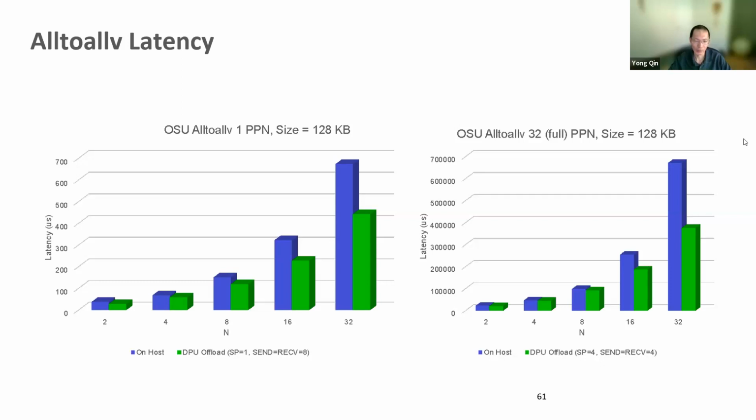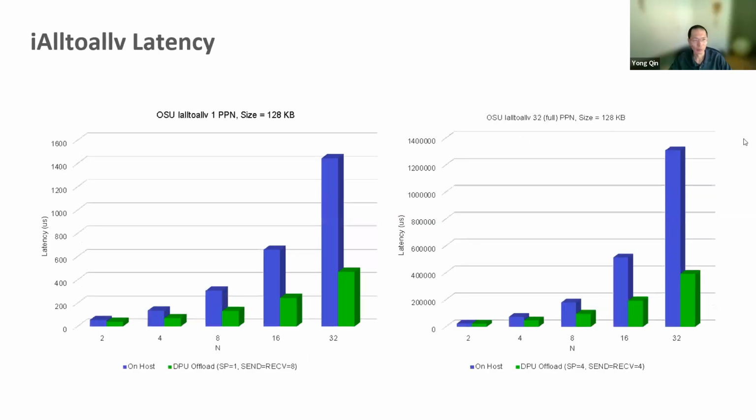In both cases, you can see the DPU offload version of this collective can outperform the host versions quite a bit. If you have more PPNs or more nodes, basically meaning when your communicator is big enough, then this improvement is pretty significant. And next slide, please.